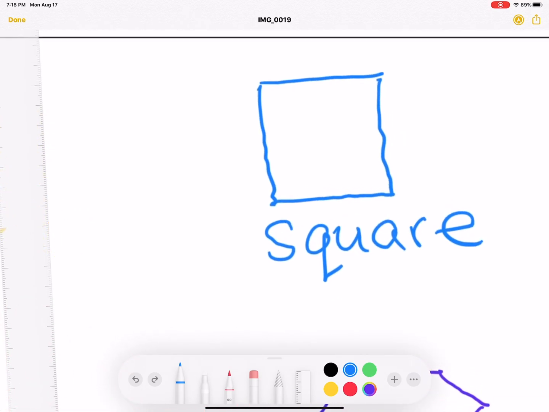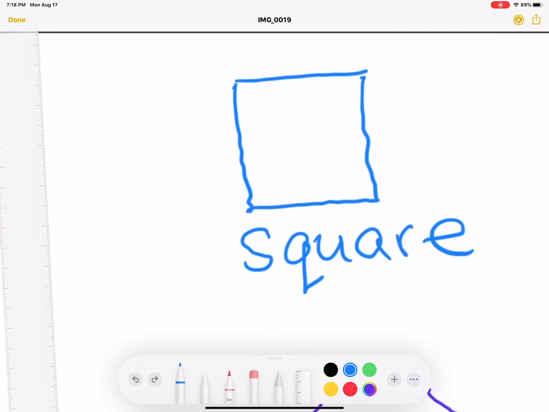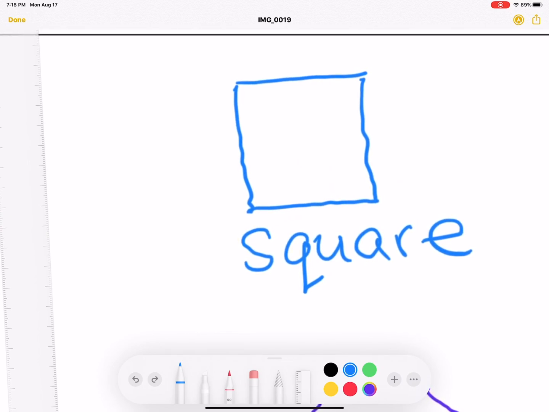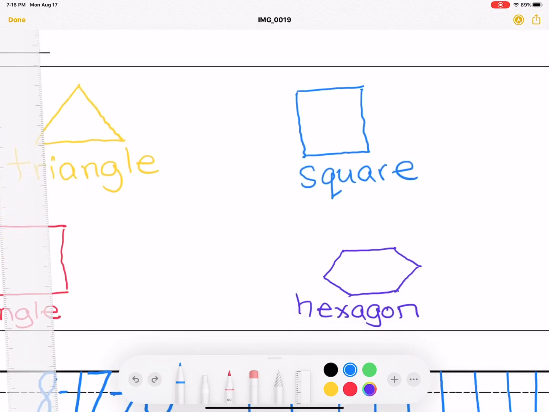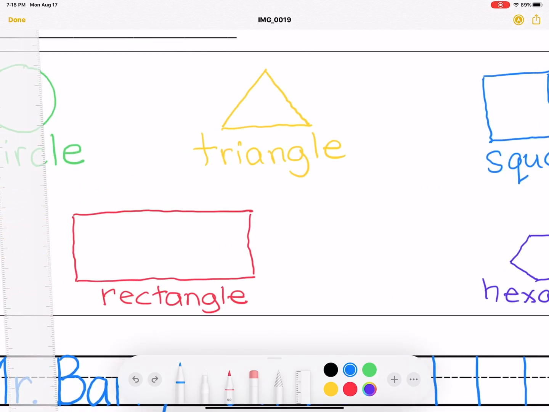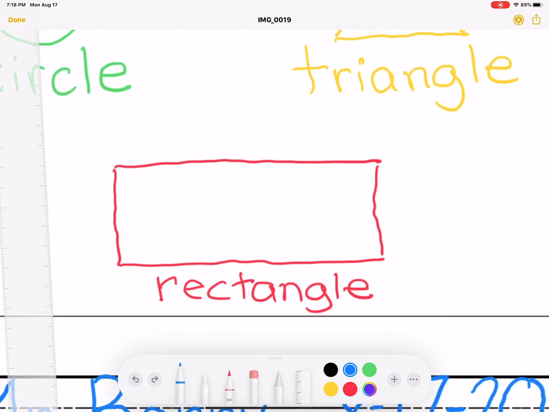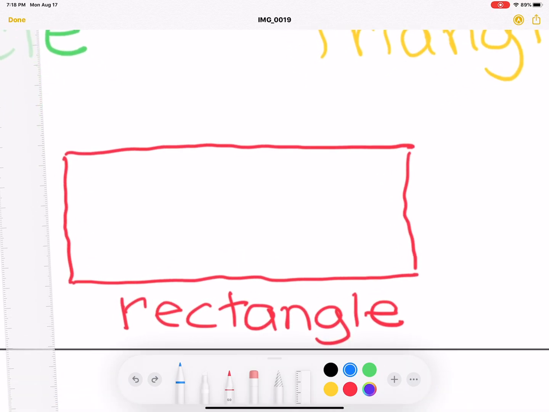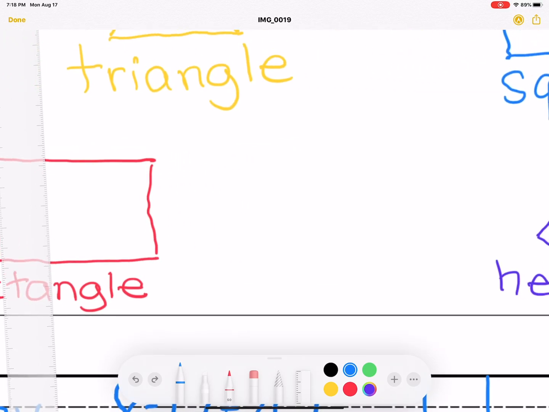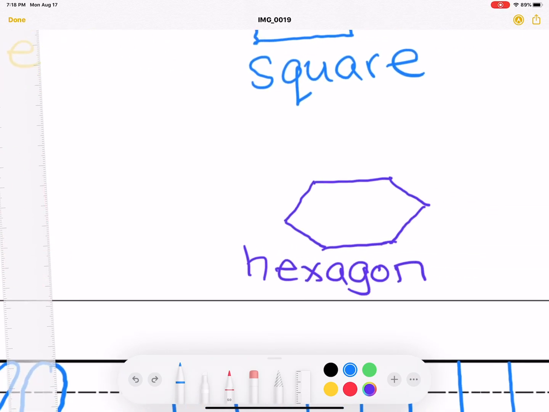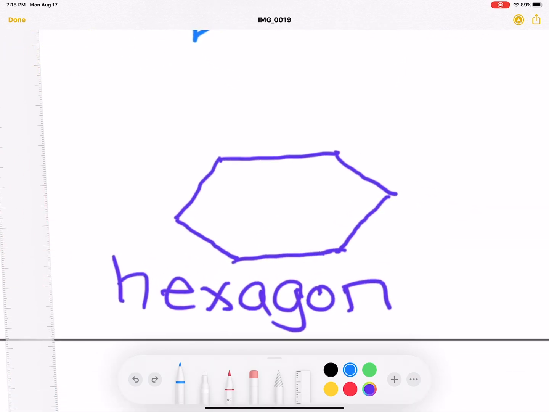We have the square, which has 4 sides, and they're all the same length, so equal sides. The rectangle, which has 4 sides. 2 of them are longer than the others. 2 of them are shorter than the others. And finally, everyone's favorite, the hexagon, which has 6 sides.